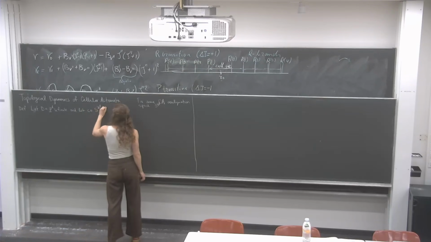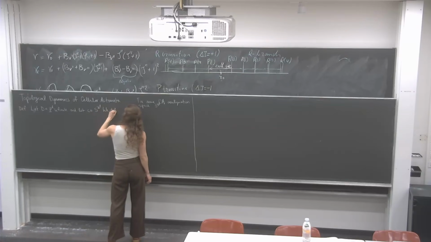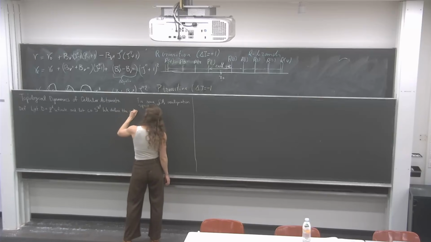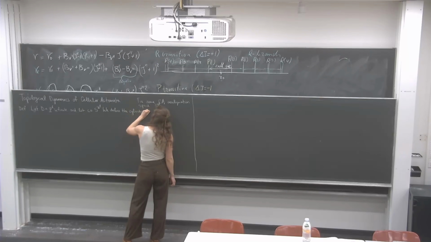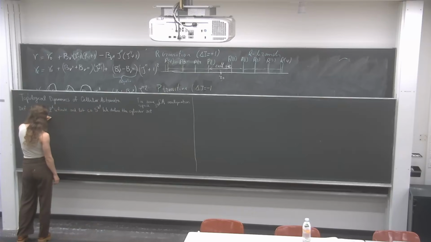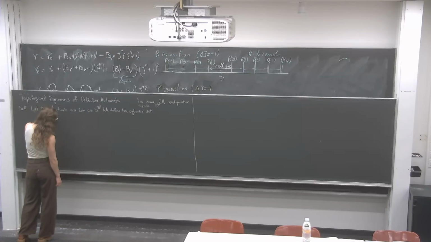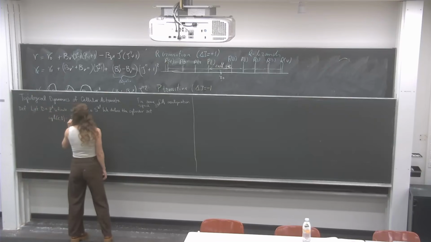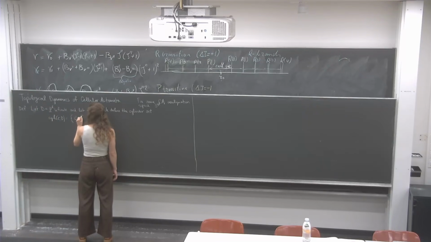We define the cylinder set, which we will just denote, to contain exactly all configurations which agree with C on the domain D.